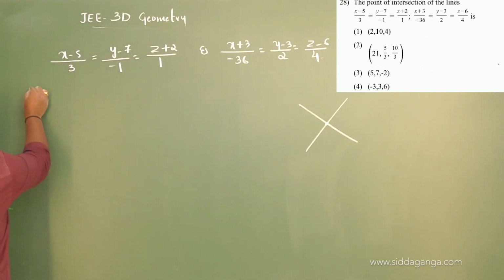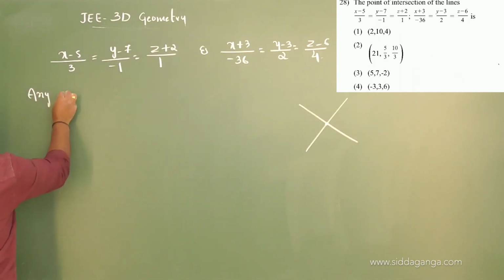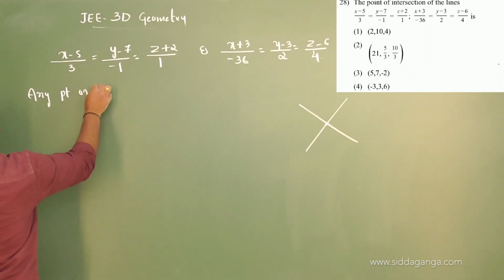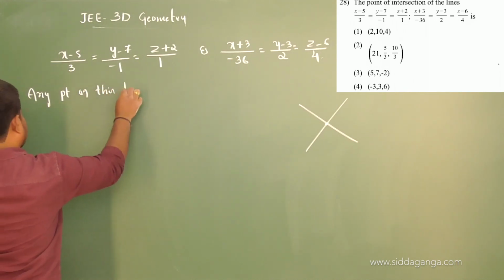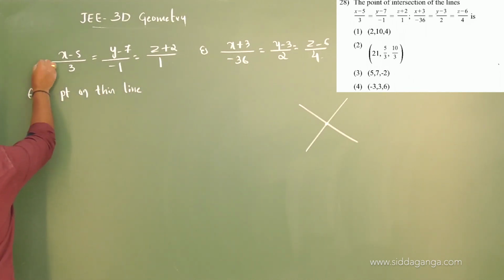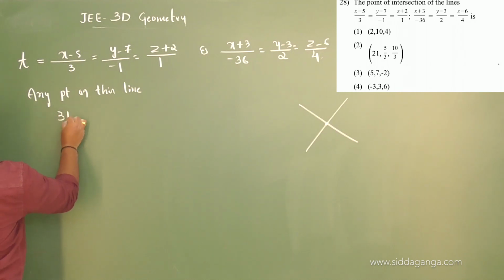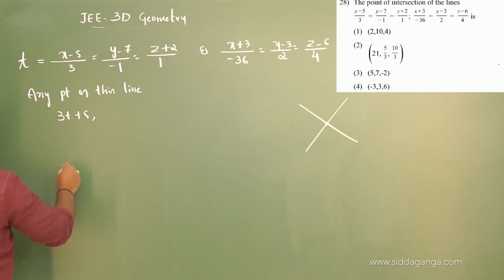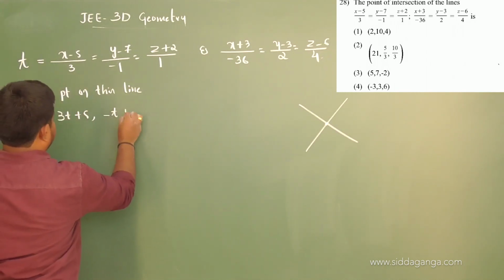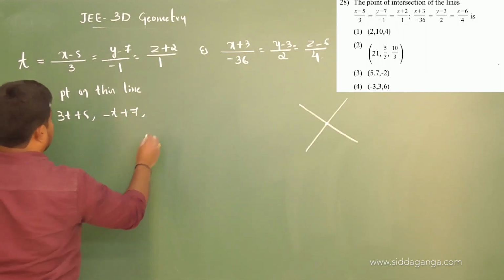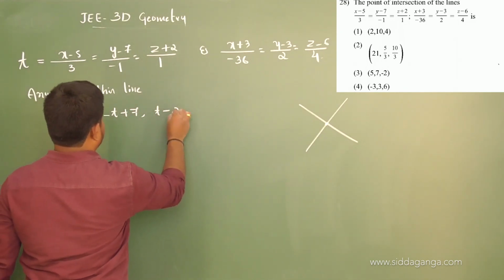Here, I can take any point on this line. If I consider this ratio equal to some t, then any point on this line becomes (3t plus 5, minus t plus 7, t minus 2).